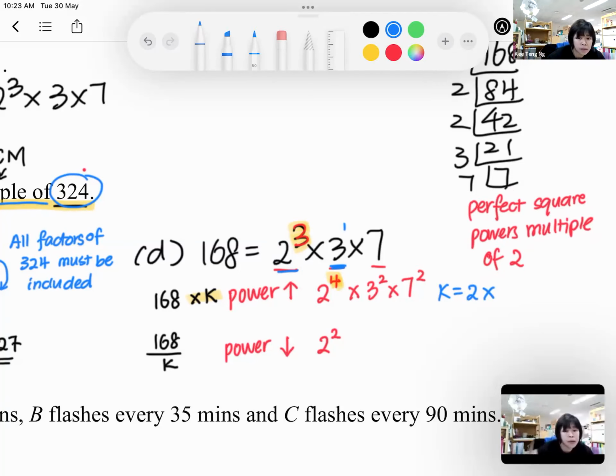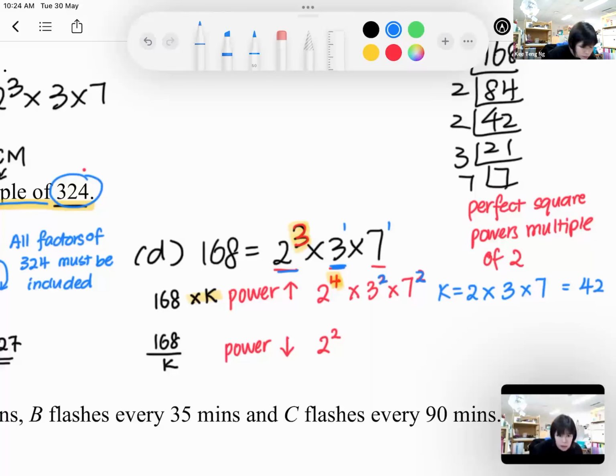I want to make it 3 to the power of 2, so I multiply by 1 more 3. Similarly, 7 to the power of 1, I want to make it 7 to the power of 2, I give it one more. So this number here will become 2 times 3, 6, 6 times 7, 42.